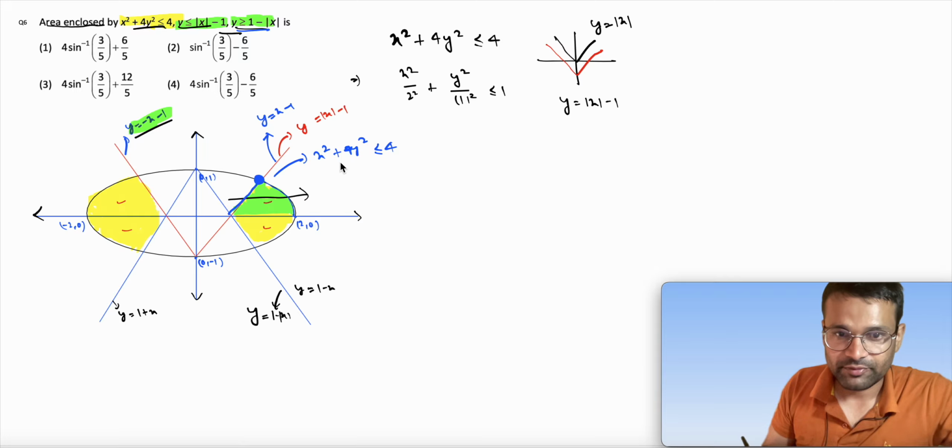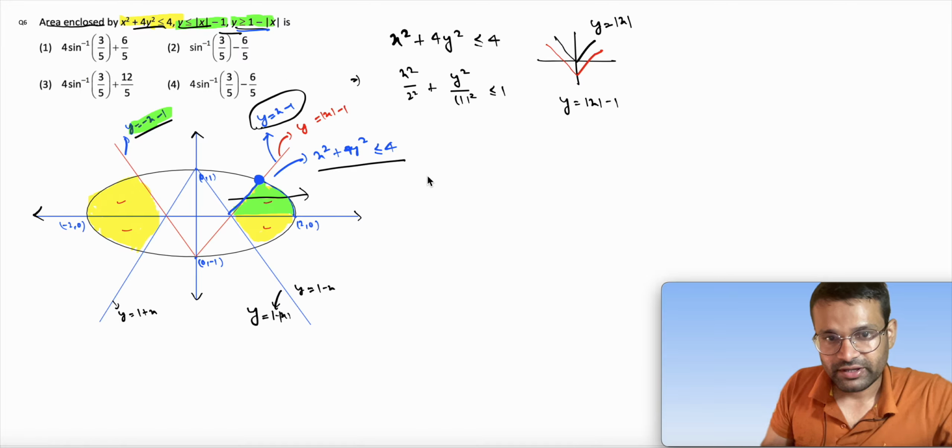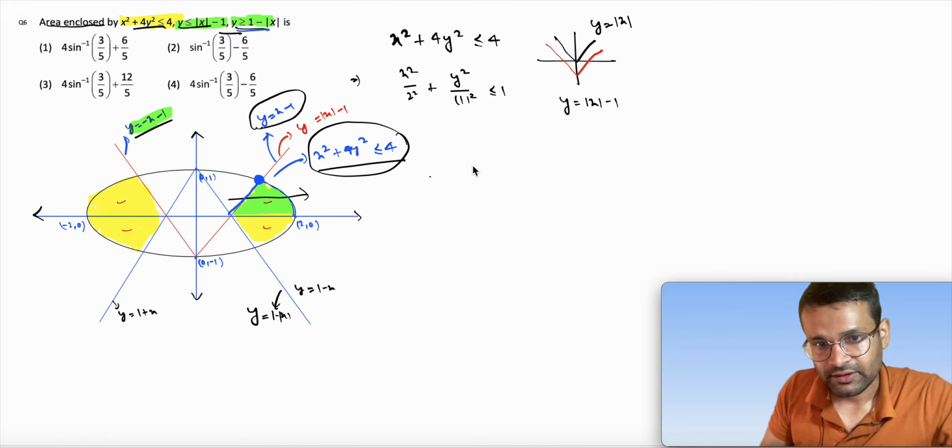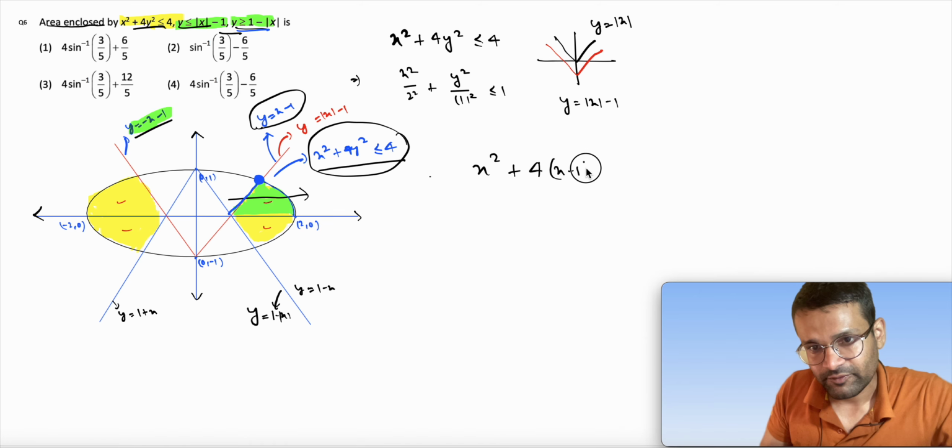We know the equation of this line is y = x - 1, so we put it in place of y in this equation: x² + 4(x - 1)² = 4.